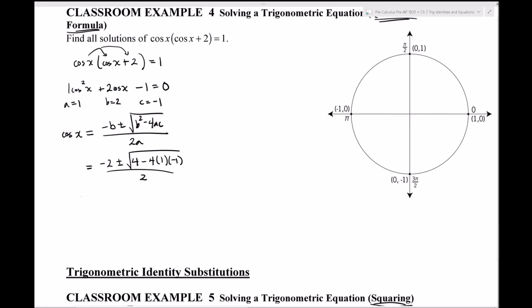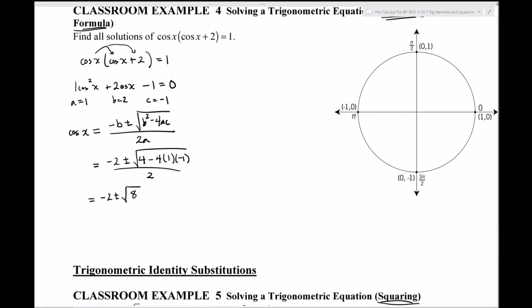Simplify. -2 plus or minus square root, is that 8? Let me double check. My brain kind of sucks at doing stuff like this, so I gotta double check. 4 in the first, and then you have a -4 times 1 times -1. That's -4 times -1, which equals +4. +4 added to 4 is 8, all divided by 2, so I did that okay.